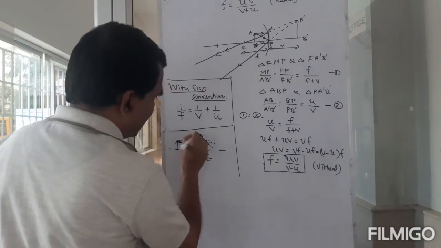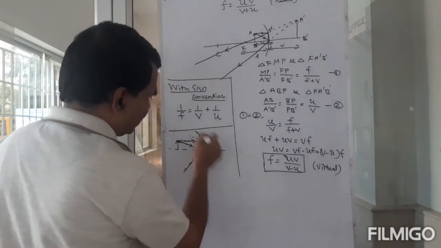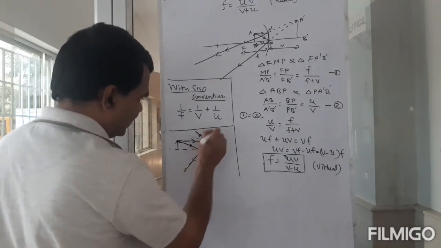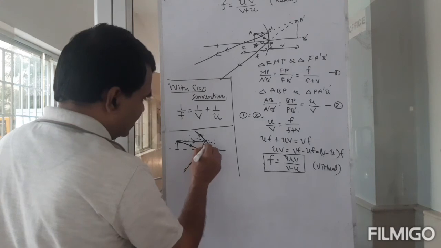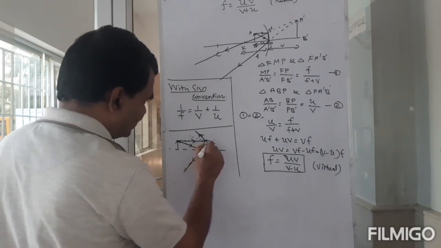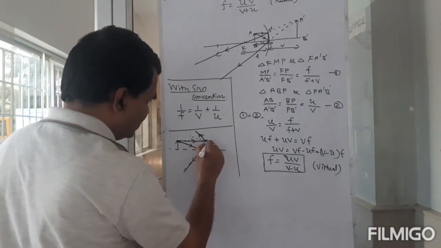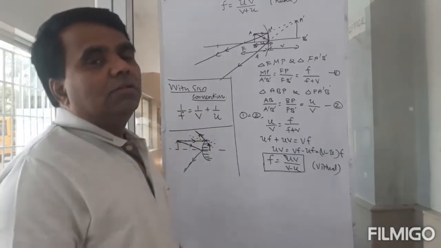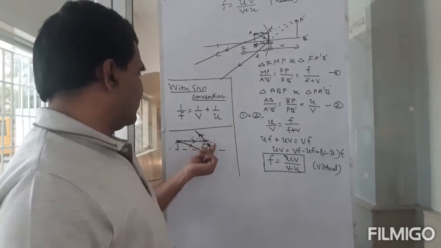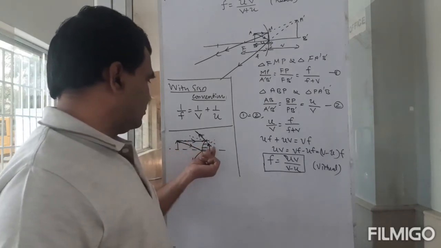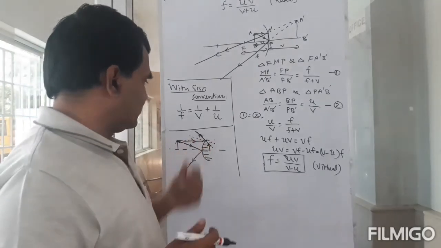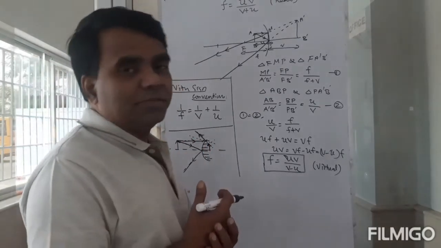This ray appears to come from somewhere here in this direction, and this ray appears to come from somewhere here in this direction. So this is where they join. This is where you will form the image. So you can have a virtual image.